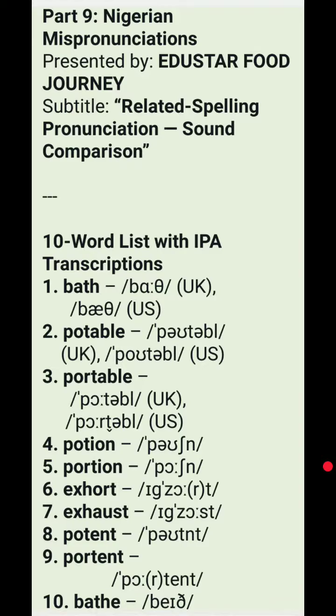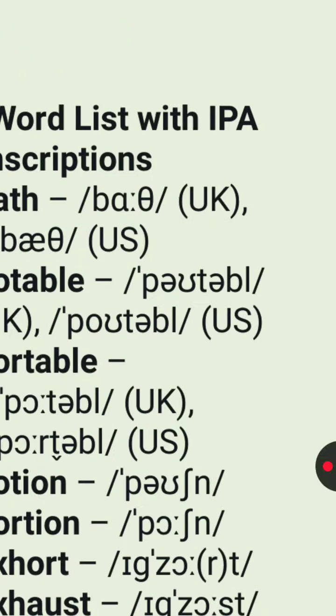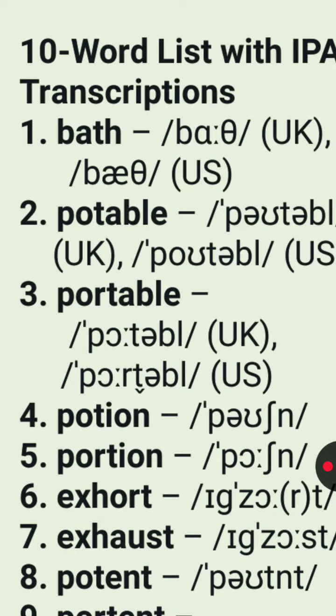But in the US English, that is American English, we have bath with the short R sound. You can see the two transcriptions here, the long R sound and the short R sound.